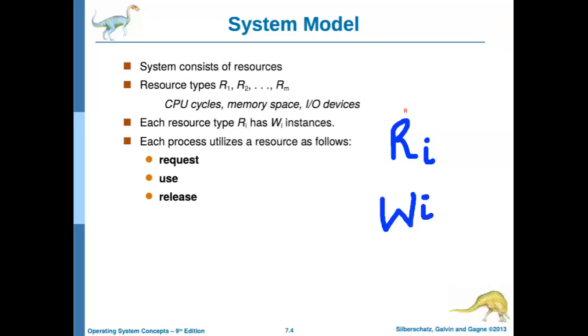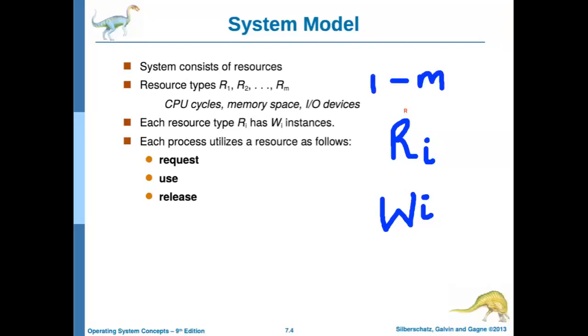So notations to understand. The very first thing is your operating system consists of multiple resources, and these resources can be grouped as a resource type. Each and every resource type is denoted by some alphabet, something like R1, R2, R3 up to Rm. So my operating system consists of m types of resource.